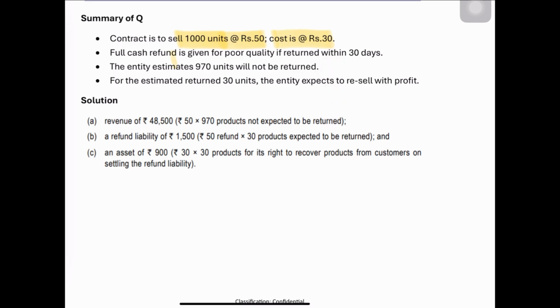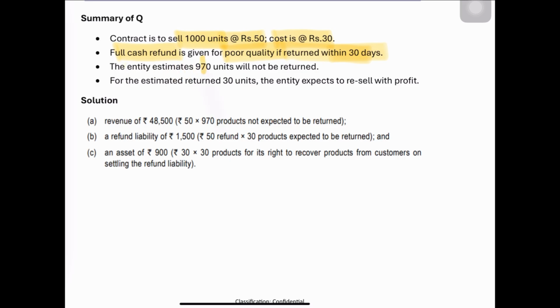Full cash is refunded if there is any quality issue and the product is returned back to the entity within 30 days.